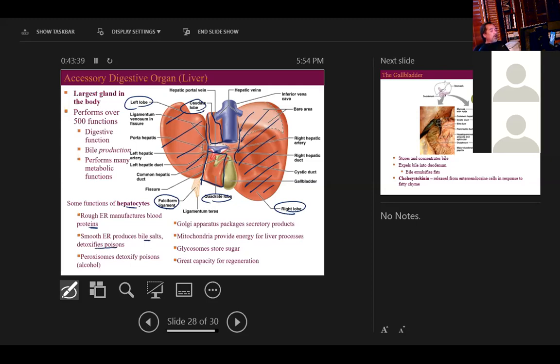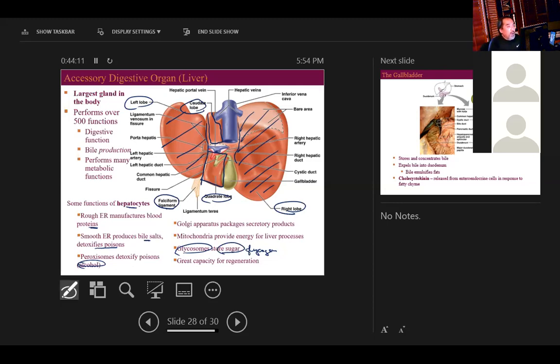And then the peroxisome detoxifies alcohol when it passes through the liver. So we have a lot of purposes for the liver, and a couple of them are storage of sugar, which we call glycogen, inside glycosomes in the hepatocytes. Also, the liver has a great capacity for regeneration.